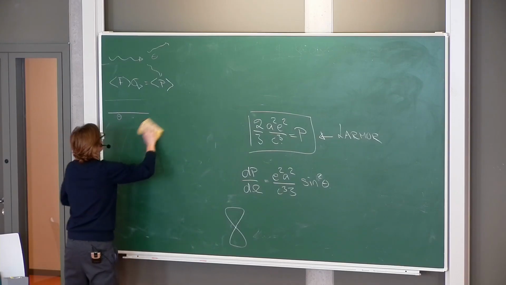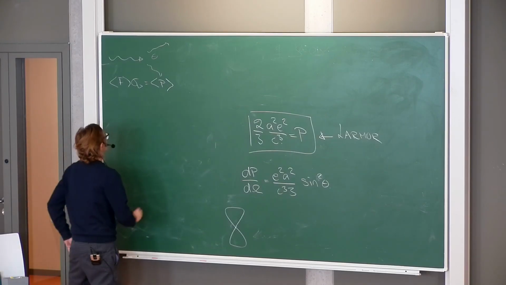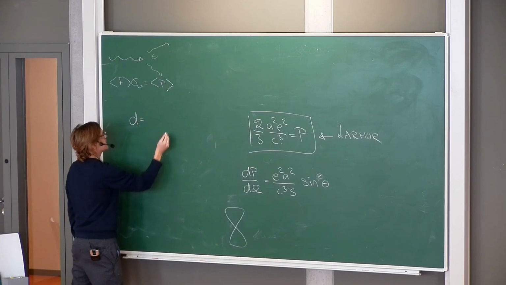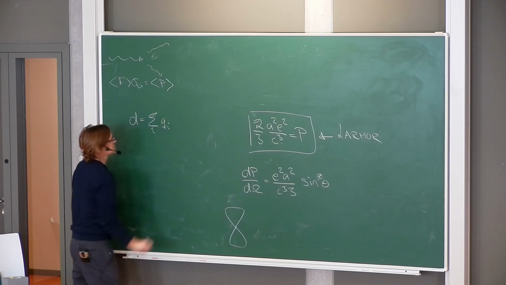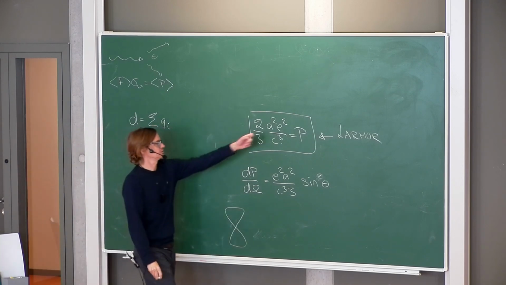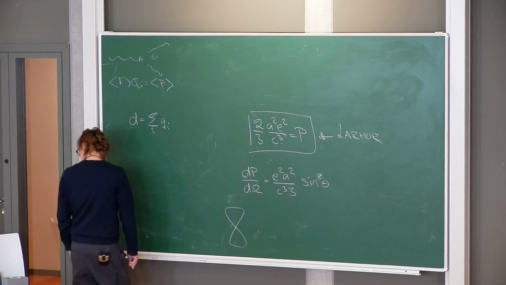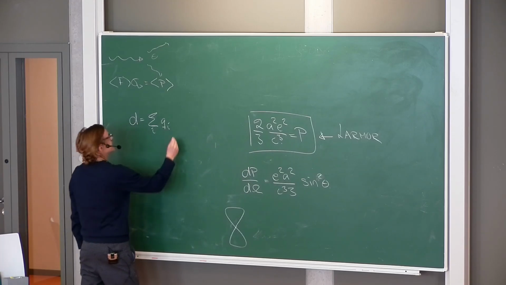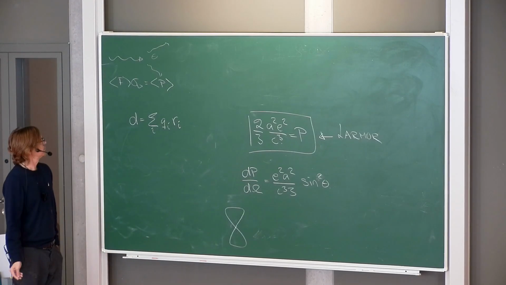Okay? So if we have such a collection of charges, we can write them as a sum over all charges q_i, which in this case, of course, I wrote directly as the electron. But of course, in general, it's just charge q, right? And then the radii for each of the particles.